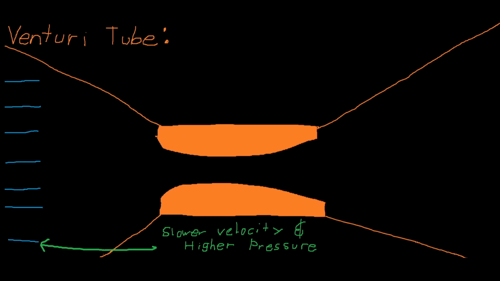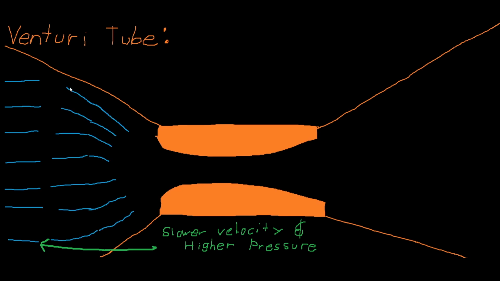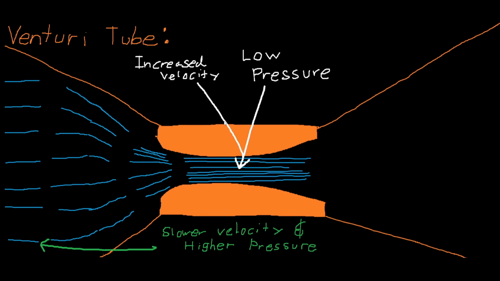What happens as this air is flowing from left to right is it's going to get closer and closer together and begin to squeeze into this Venturi tube. As it continues, it's going to get squeezed and squeezed, and as that air goes through this Venturi tube, it is going to increase its speed, or increase its velocity.